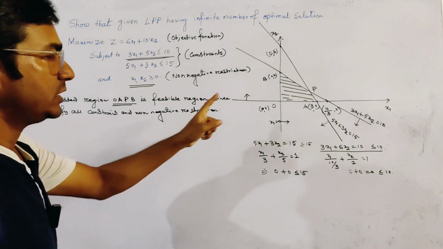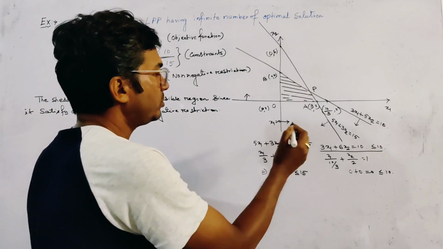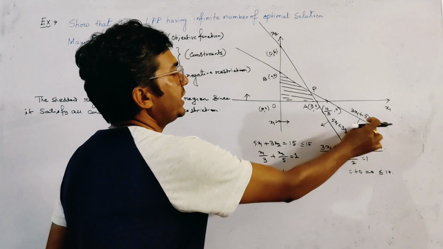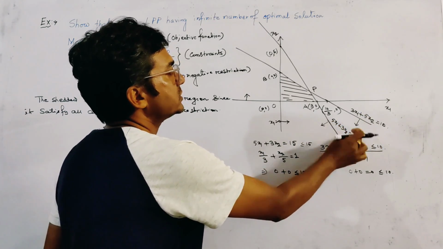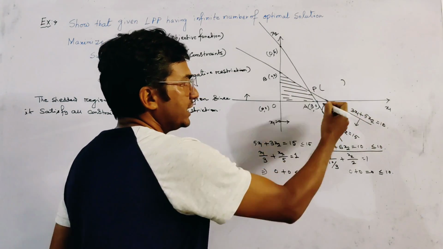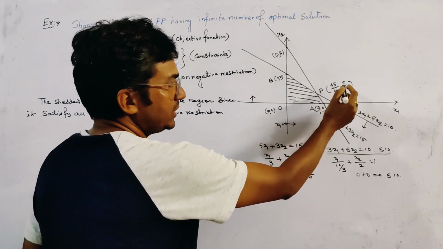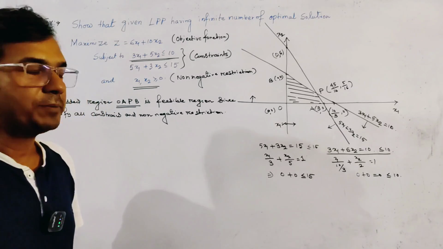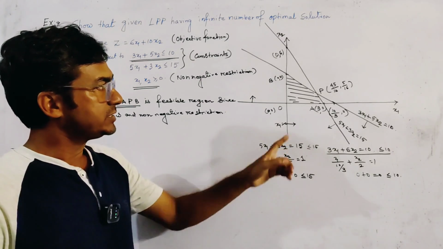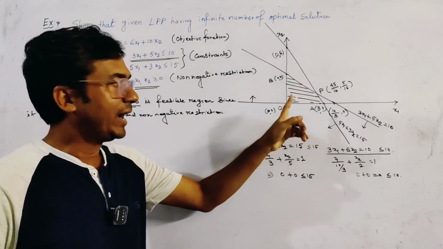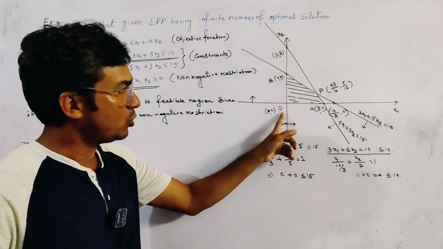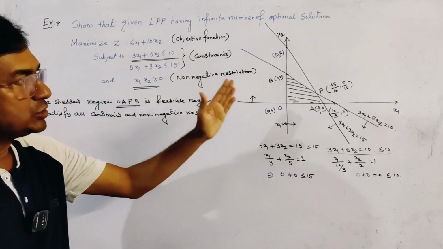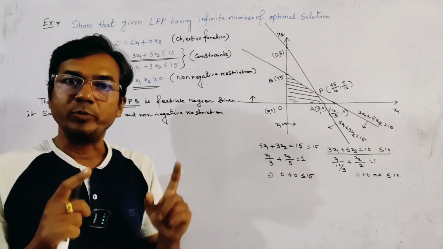Now to find the vertex P, we solve both equations, 3x1 plus 5x2 equal to 10 and 5x1 plus 3x2 equal to 15, and we get the point (45/16, 5/16). Now since the feasible region is bounded by the four vertices O, A, P and B, we solve this problem by two methods.